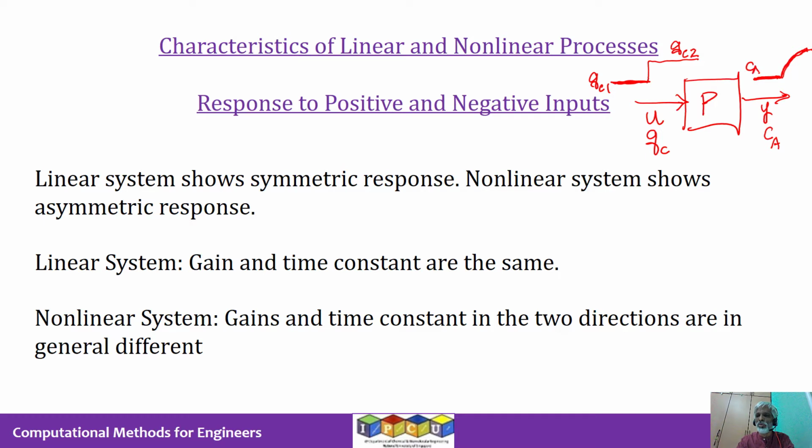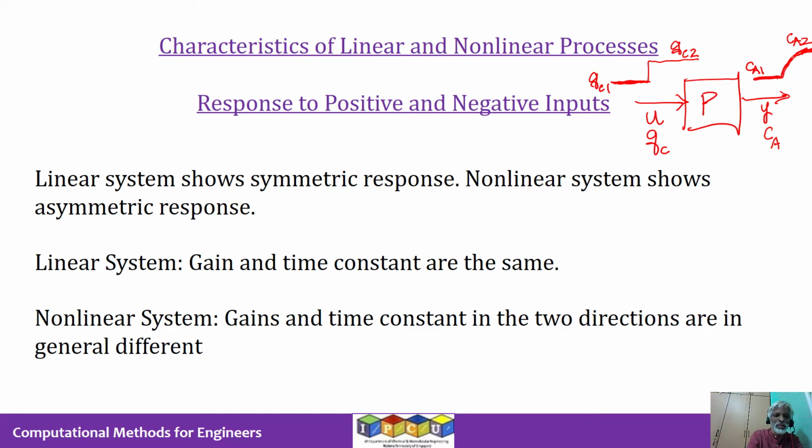So corresponding to QC1, the concentration is Ca1, and corresponding to this value of QC2, the value it reaches is Ca2 ultimately. So the change in U, which is the coolant flow rate, from QC1 to QC2 creates a change of the output from Ca1 to Ca2. So this is what we mean by response to a positive input.